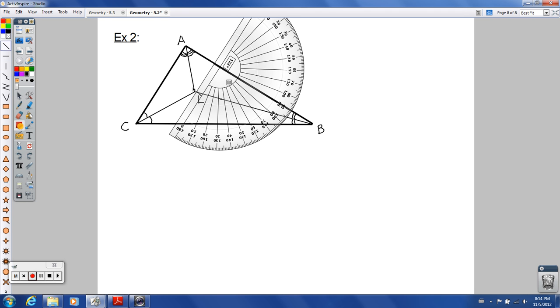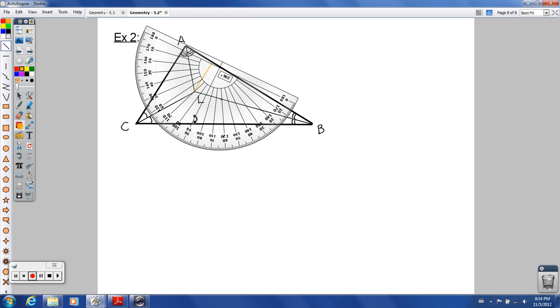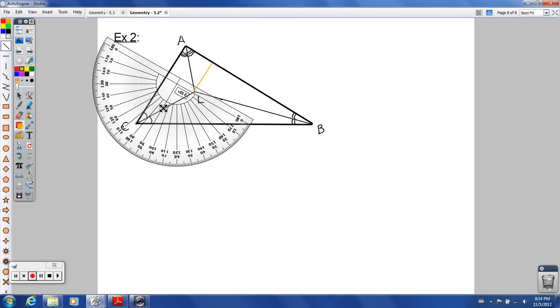I'm going to draw with my line tool here. Use a ruler for this, or use the edge of your protractor for this. And let's draw that in from here to there. Okay, and doing the same thing over here. We need to make sure it is actually 90.